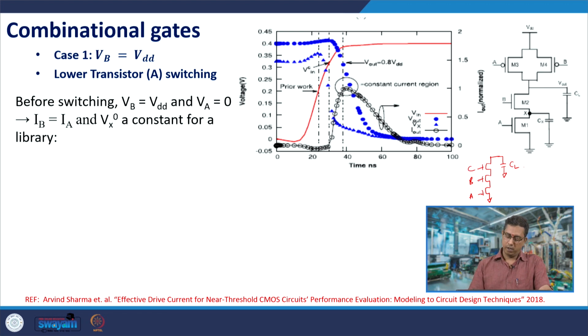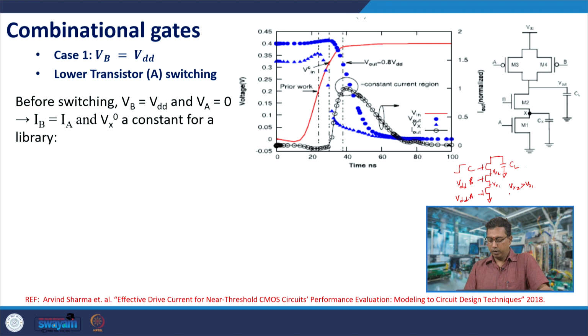Suppose the input C switches high, and these are at VDD already. For a current to flow through these 3, there would have to be a certain potential which develops across Vx1 and Vx2, and Vx2 would be larger than Vx1.